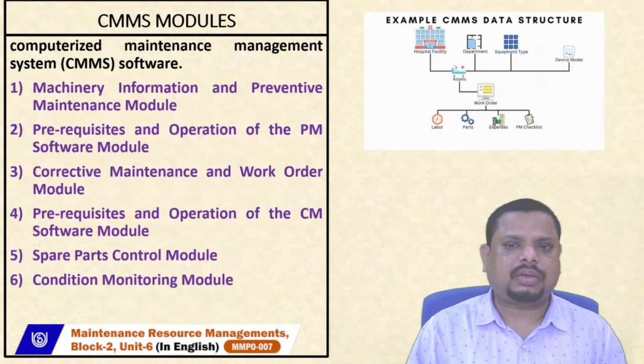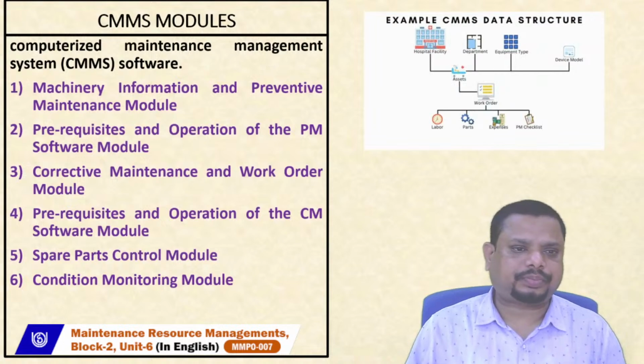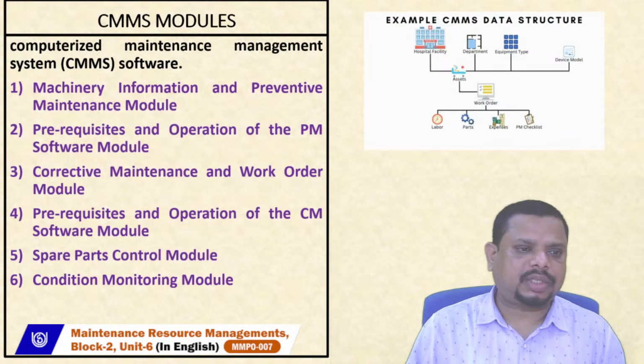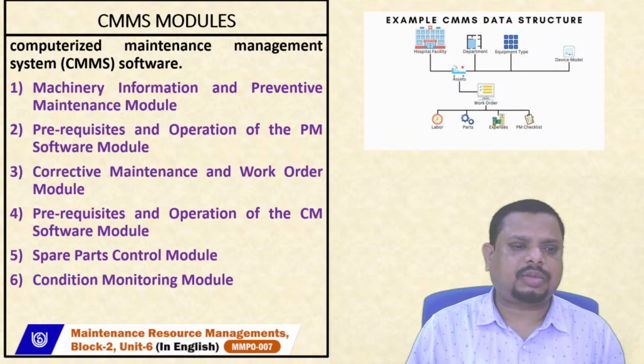Moving to the next one, we have examples of computerized maintenance management software. They basically provide a large amount of information. For example, machine information and preventive maintenance modules, then prerequisites and operation of the preventive maintenance software modules, the corrective maintenance and work product modules, prerequisites and operation of the corrective maintenance software modules.